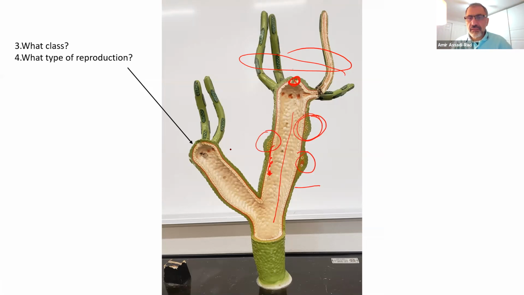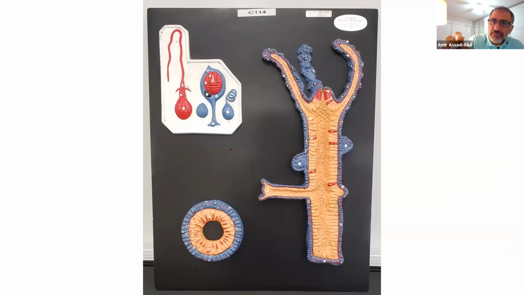Okay, so that's another difference: they're not colonial, they're fresh water. There are 4 or 5 differences between Hydra and the rest of the hydrozoans. Another Hydra, same thing: tentacles, and then budding, cross-section, epidermis, gastrodermis, and gastrovascular cavity.